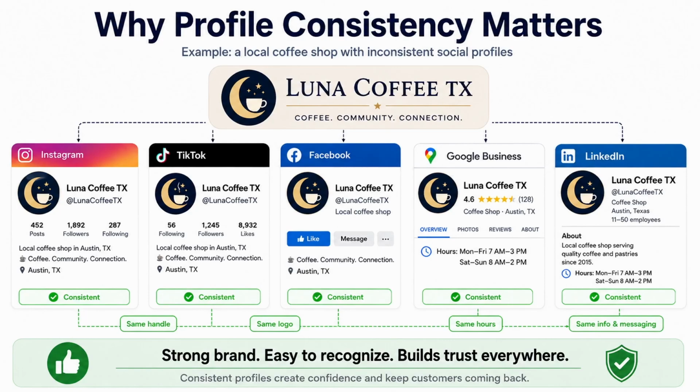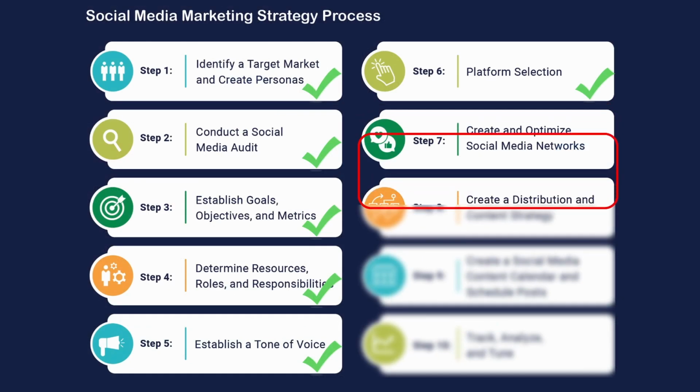And that's what it's all about. It has to be relevant. The profile is often the first impression, so the voice has to match the brand's personality. Okay? And this also sets up what's coming next. In step 8, we'll talk about the distribution and content strategy, and we'll find out what the brand actually posts and how the content reaches people.